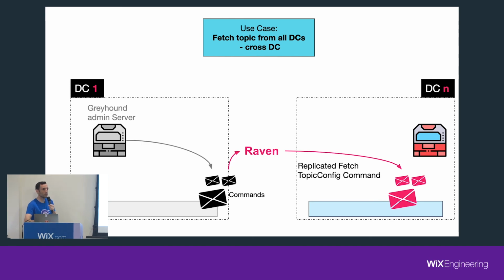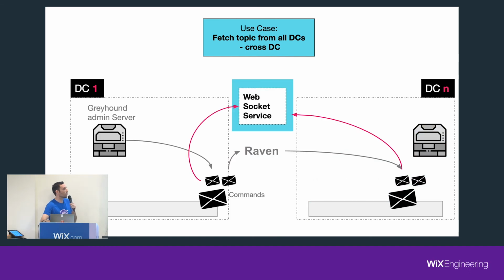And you may guess it, how do we return the information back to the browser? We use the WebSocket service that I showed earlier, and it knows exactly which browser and which data from which location globally to bring back the information to. It also utilizes Raven for cross-DC communication.